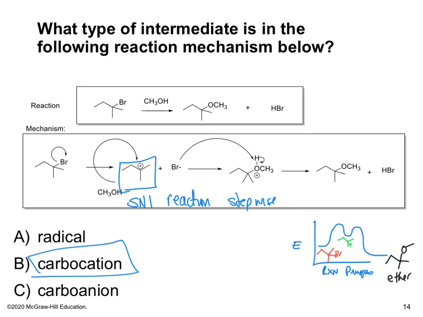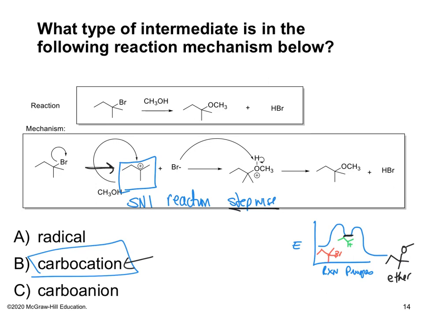Other things I want you to be able to do is to label things. This is stepwise because you have a carbocation intermediate.